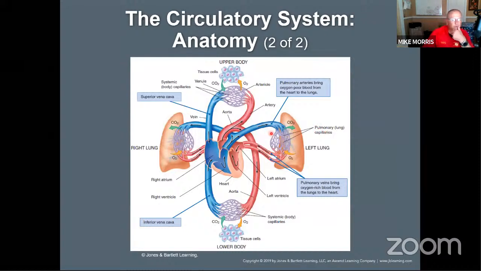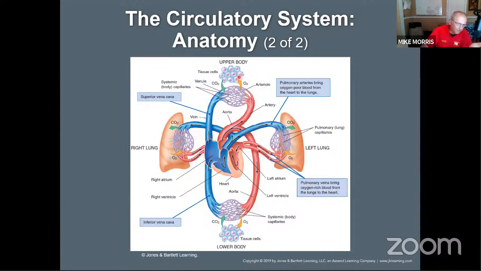The good old circulatory system. We've been talking about this a lot today too, and how we have the systemic circulation down here, where we are doing the gas exchange for O2, picking up CO2. And then we have pulmonary circulation or gas exchange here, where we're trading out dirty CO2 and picking up fresh O2.